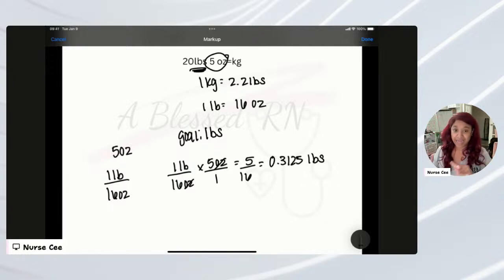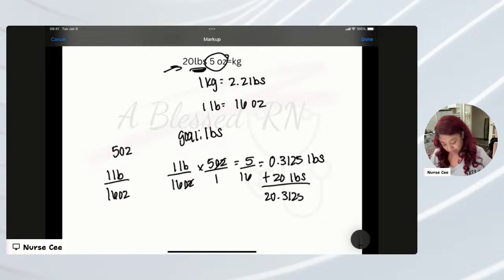So now we combine like terms. We have 20 pounds right here, so we just add our 20 pounds to get the new pounds. It's going to be 20.3125. Now that we have our pounds, we can go to kilograms.